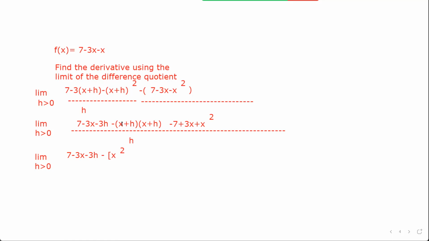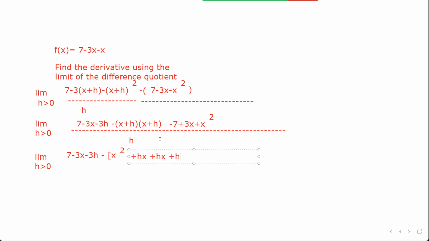So think of FOILing: x times x is x squared. They cancel if there's an opposite sign. These are the same sign. So this is h times x, which is hx, or xh, but I'll write hx for this. Then it's plus hx plus h squared.